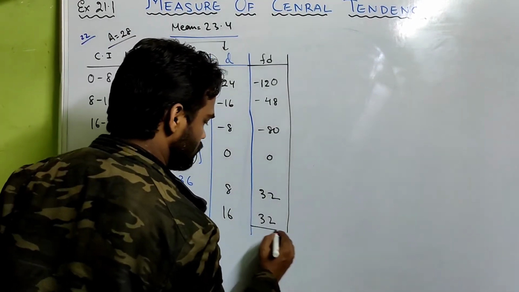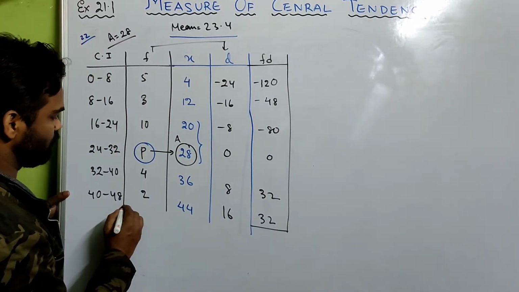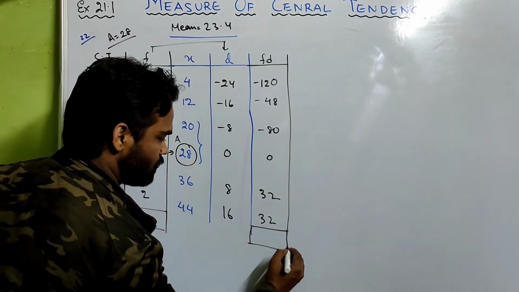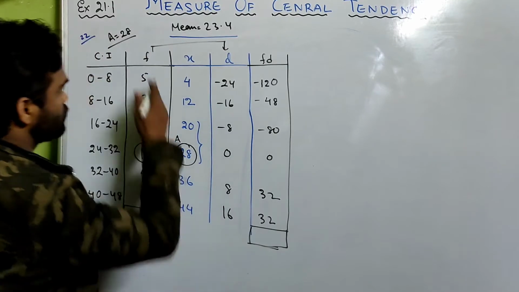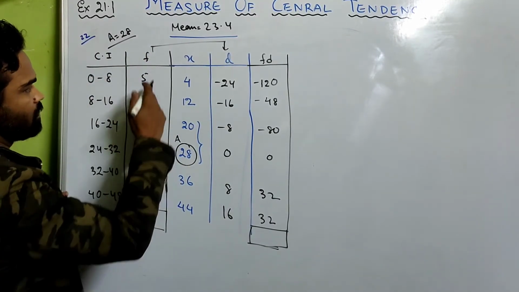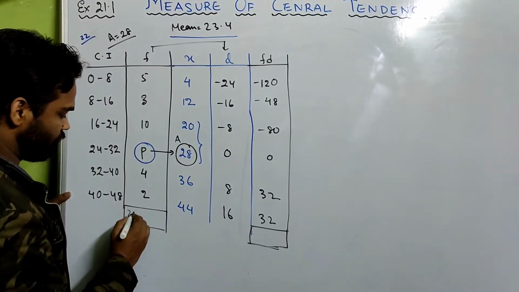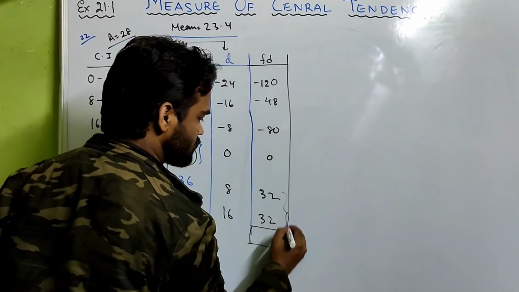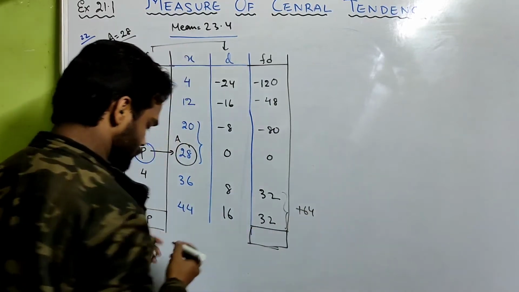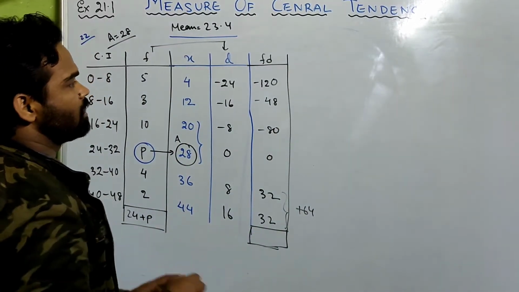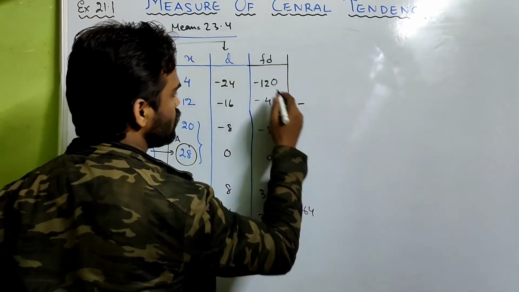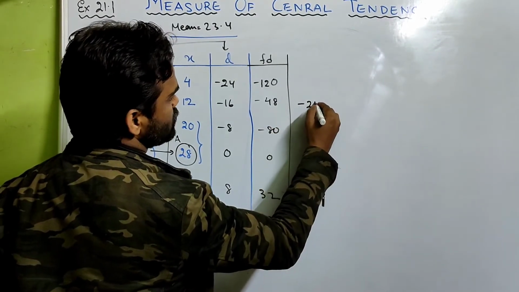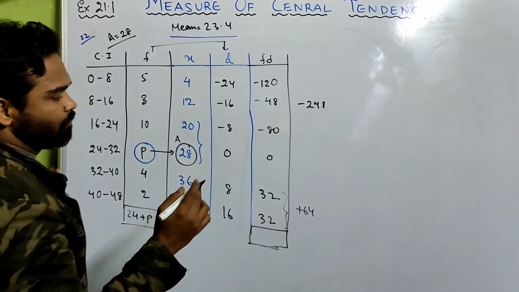Now look. We'll calculate the summation of this and summation of this. Okay. Now, when we add all these, we get 10, 18, 19, 20, 24 plus P. Isn't it? When you add all these, this is 64 plus 64. Isn't it? And that's minus 200 and minus 48.